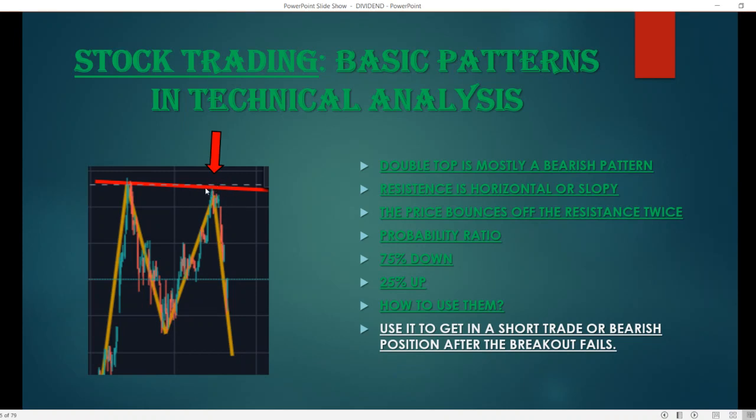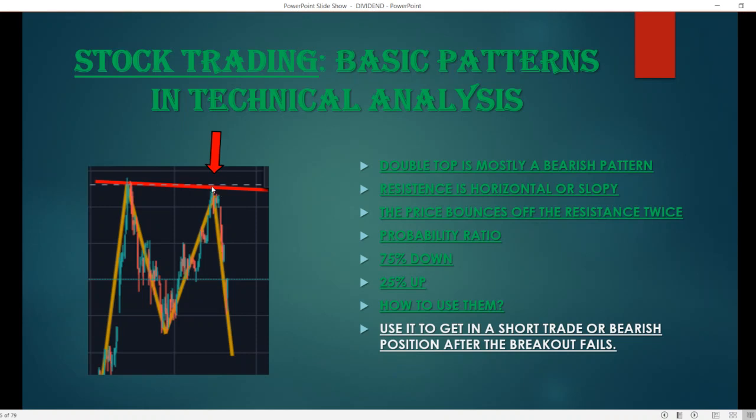So you keep your eyes on it, you won't take any position until the stock does something that you want or you don't want, and then you will take a position. That's a signal for your entry. So you use it to get in a short trade mostly, or a bearish position after the breakout fails. If the stock couldn't break above this, you will get in that position. That's how you do it.